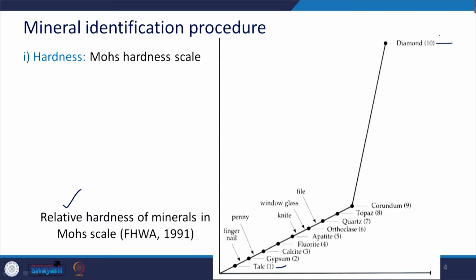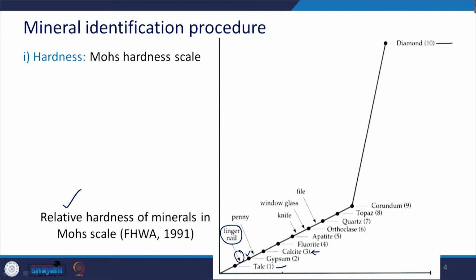Now take a look at this figure. Talc has the softness as 1, the number 1 has been given to it. Now coming to the next dot, you have gypsum, which is harder than talc. Somewhere in between, you see the fingernail comes into the picture. Now as we go ahead, at third number we have calcite.